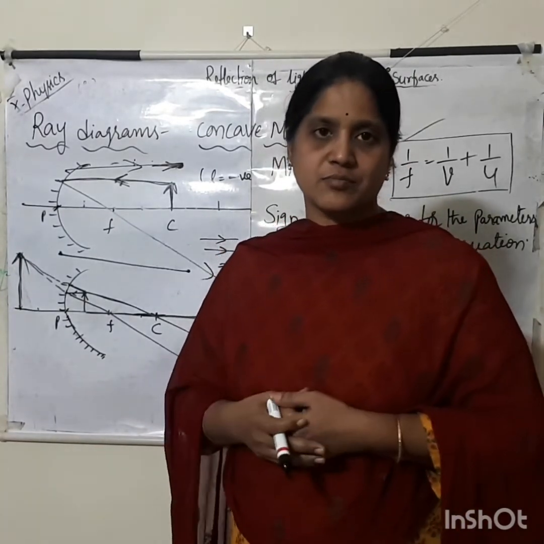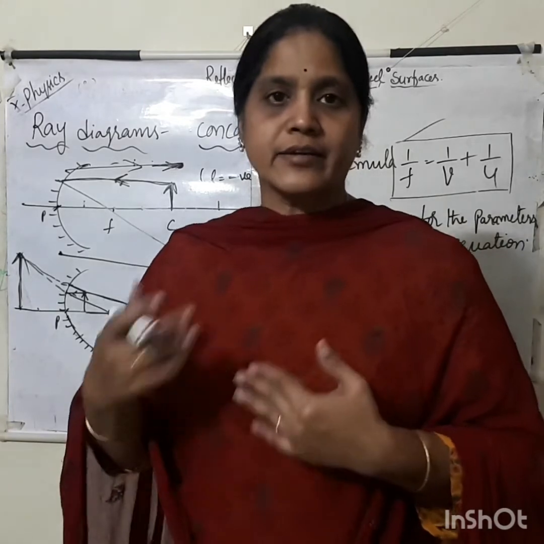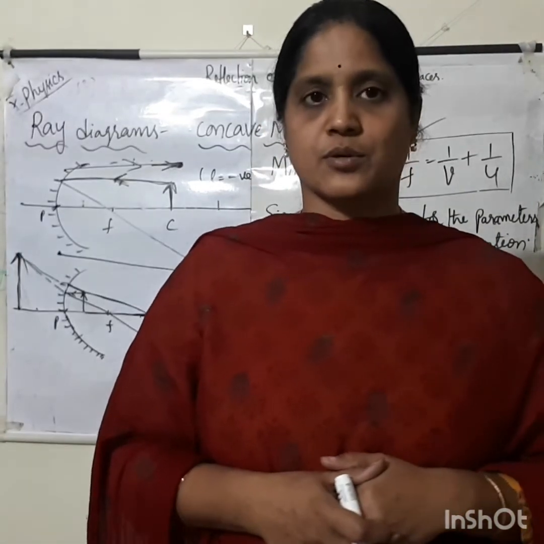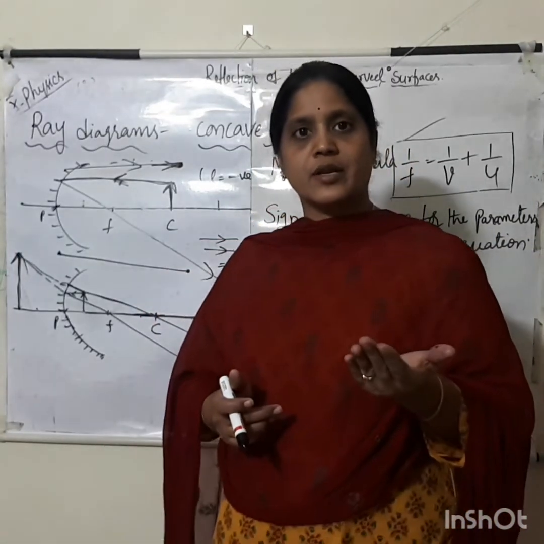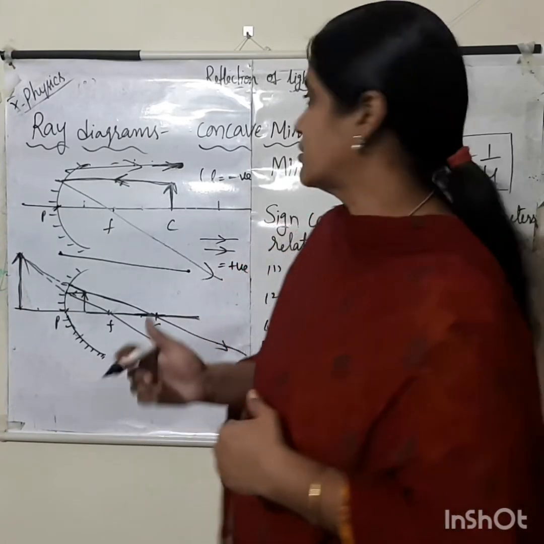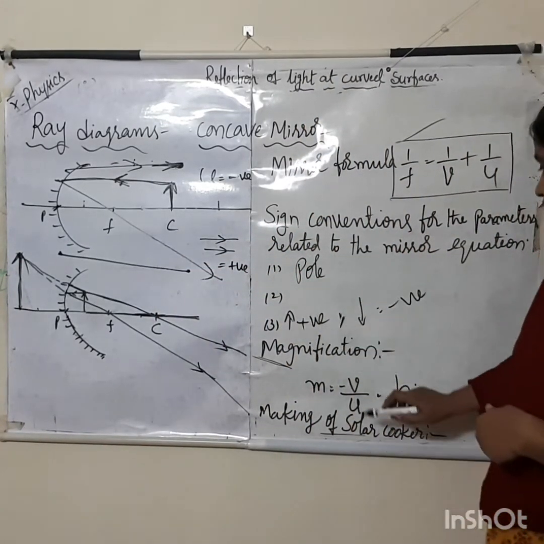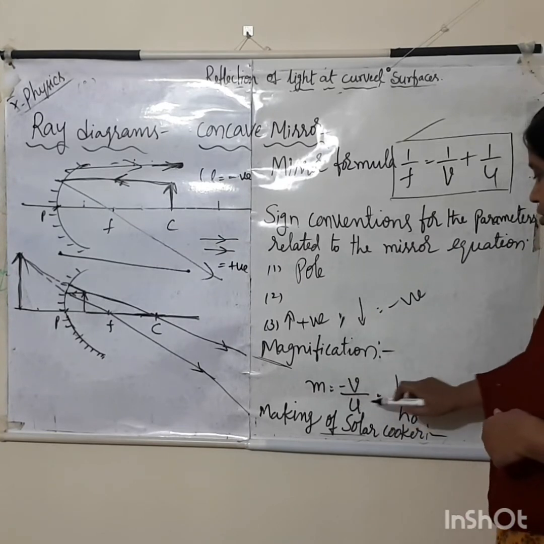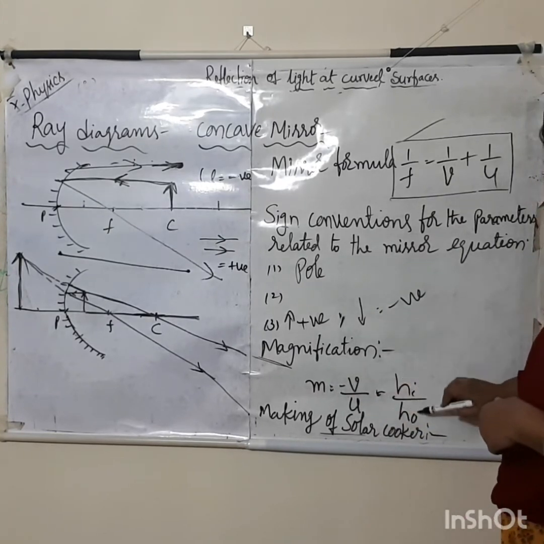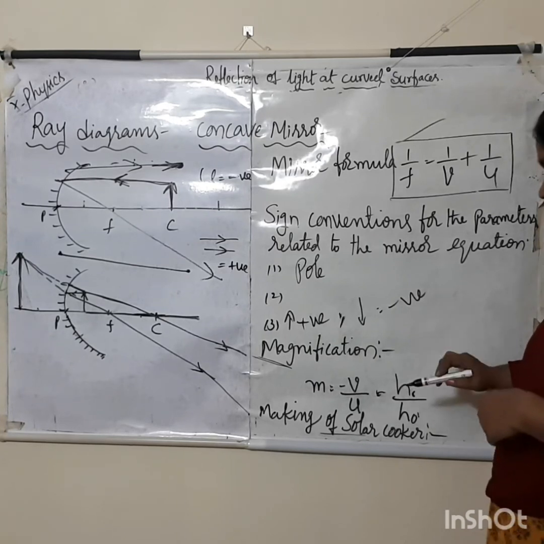Generally, magnification means we get an increased size of the image. So what is the formula for magnification? m is equal to minus v by u, is equal to h i by h o, where i is for image and o is for object: height of the image by height of the object.